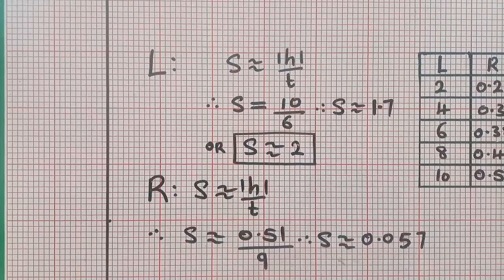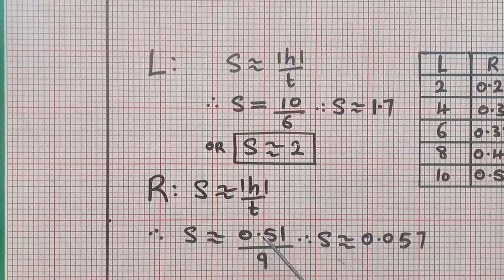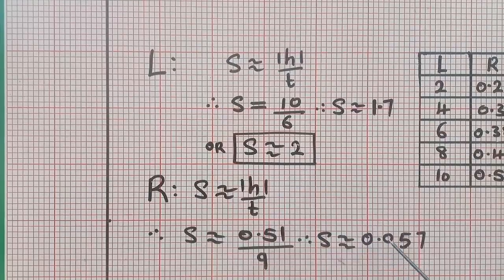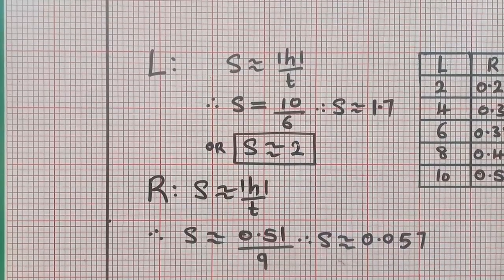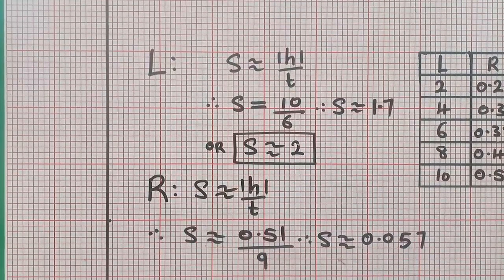In any case, if I cut off one interval to make it 9 usable, when 9 divides 0.51, the scale becomes approximately equal to 0.057. If you cut off 2 intervals to make it 8, you may end up having 0.08 as the scale.